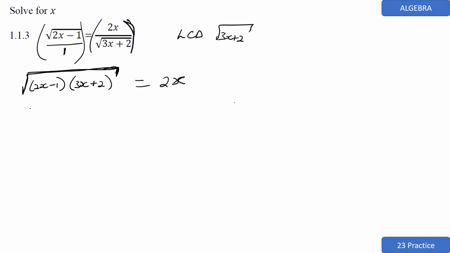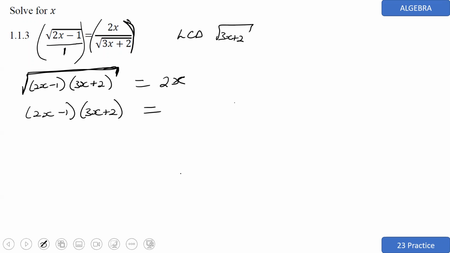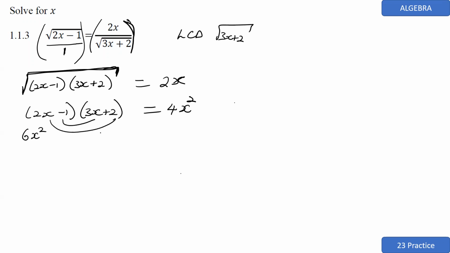Left-hand side, the square and the square will cancel off. We're left with minus 1. Square the right-hand side, 2x all squared is actually 4x squared. Okay, next we're going to do FOIL first. It's 6x squared. Then we go with the inside and the outside. That gives us a minus 3x plus 4x, which gives us a positive x.